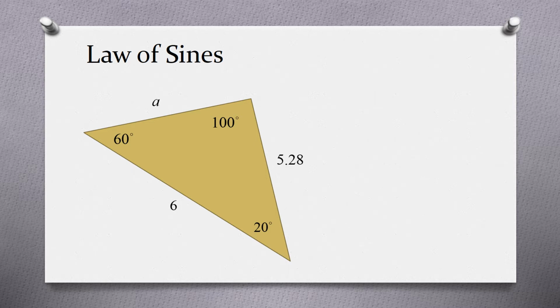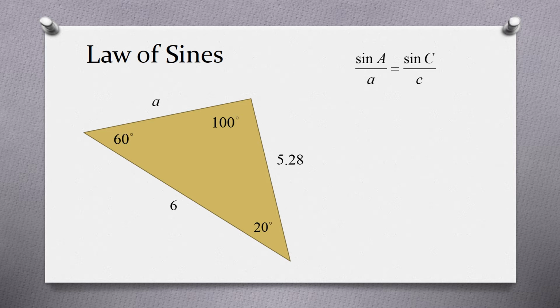So I'm going to replace that measure. Now I'm getting closer and closer to having the triangle solved. I'm going to move forward again with my law of sines and substitute the values that I know. I can be selective here. I can decide which measures I want to use. Now I have the information about side and angle B, but that's okay.